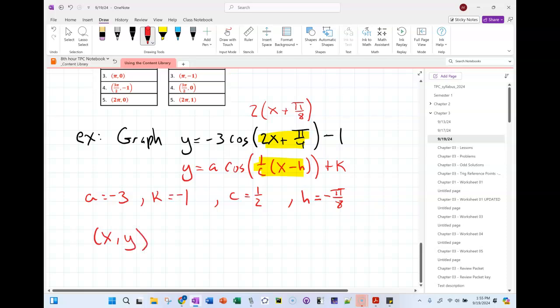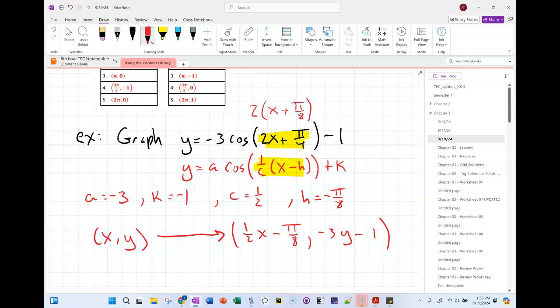All right. So let's go ahead and fill this into my formula. So I have CX plus H, AY plus K. So there's my map that I'm going to use.